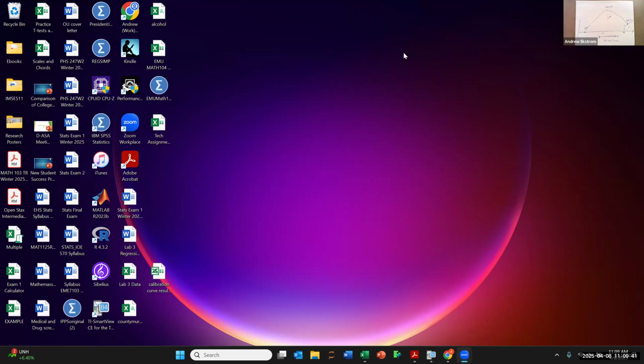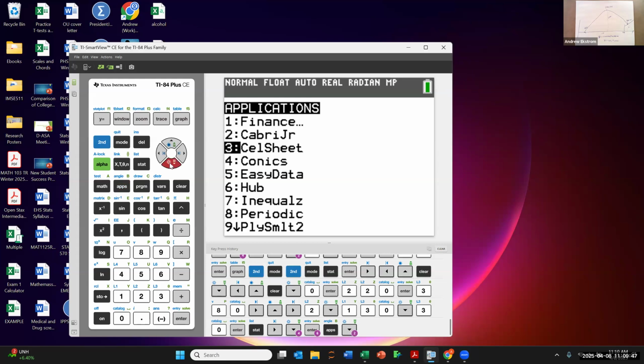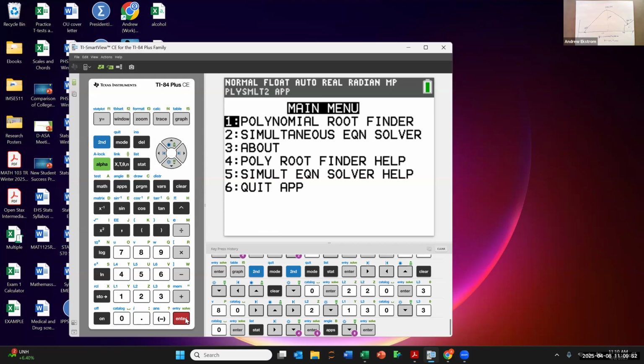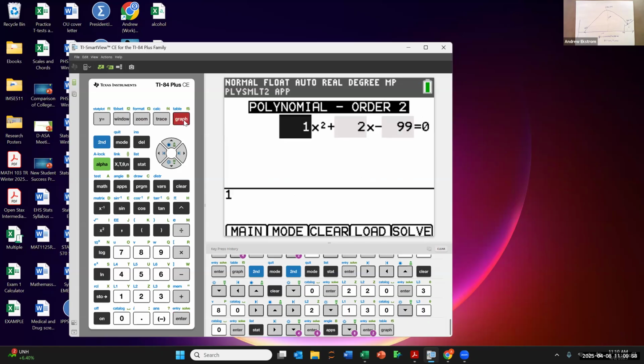Since we now have that particular equation, we can go back to apps, go down to PlySmlt 2. We want to do the polynomial root finder. Click on next.